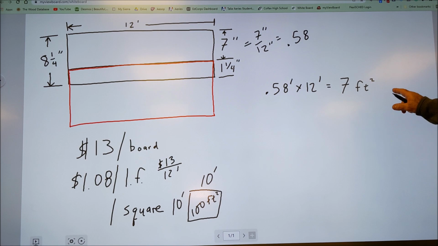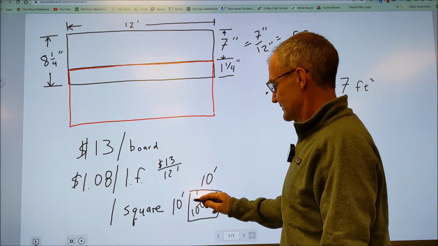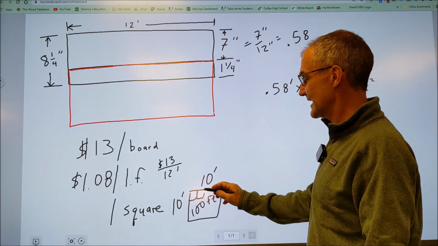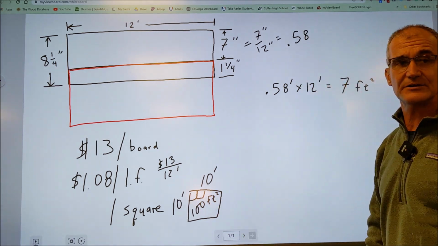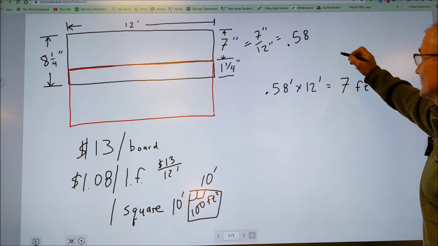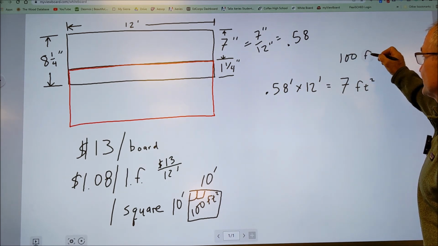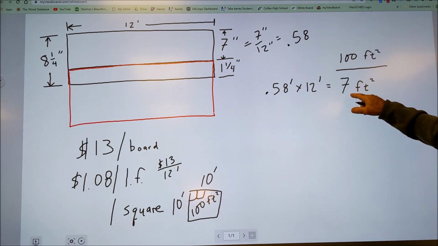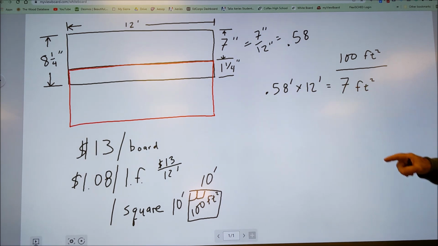And then that's how many square feet one board's going to be, so I got to figure out how many 7s go into that 100. So now I do that 100 square feet. So 100 square feet divided by the 7 square feet per board gives me 14.3 boards.